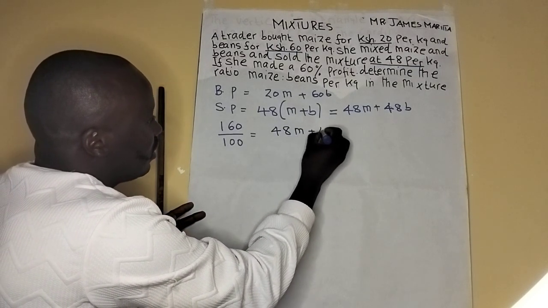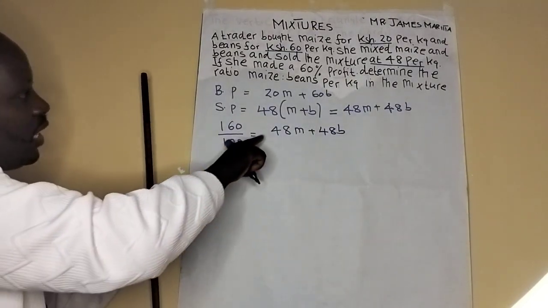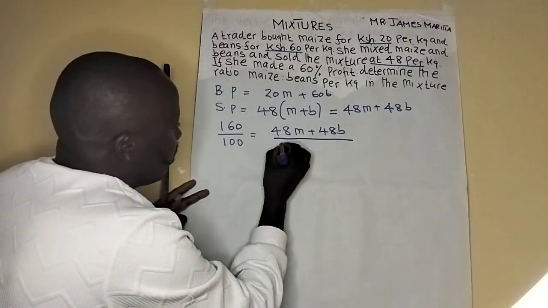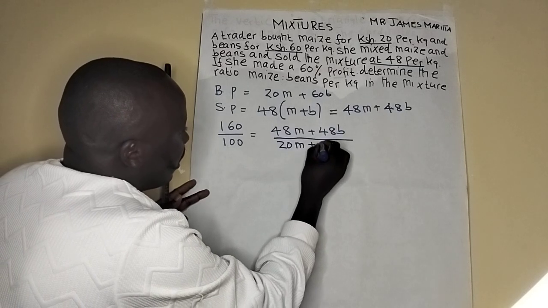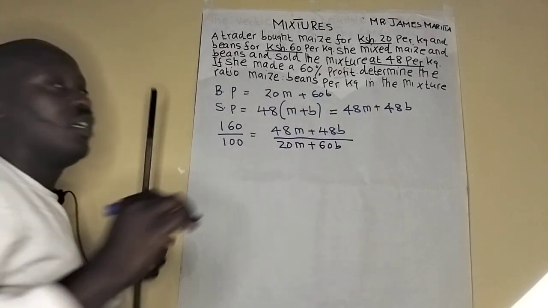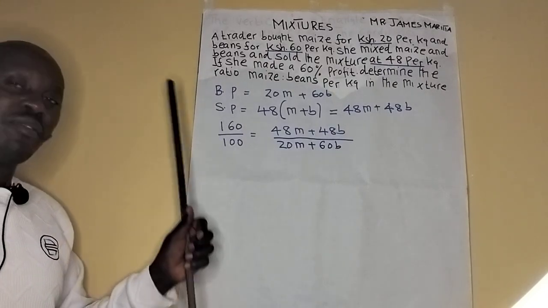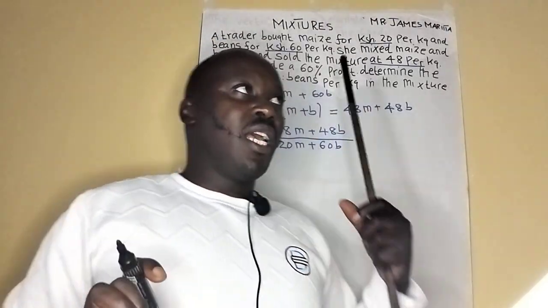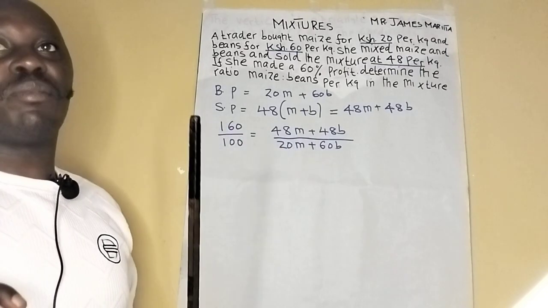48M plus 48P. That is the selling price. Then we have the buying price, which is 20M plus 60P. So this is 160 over 100, because after selling this mixture at 48 shillings per kilogram, she made a profit of 60%.